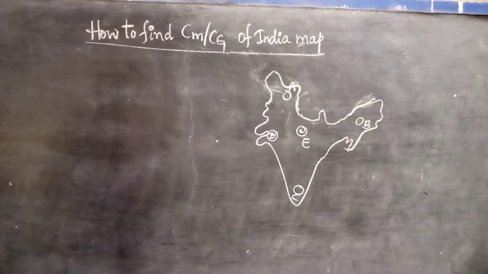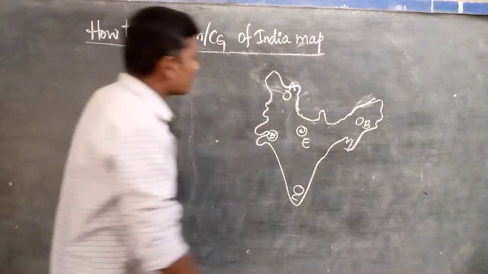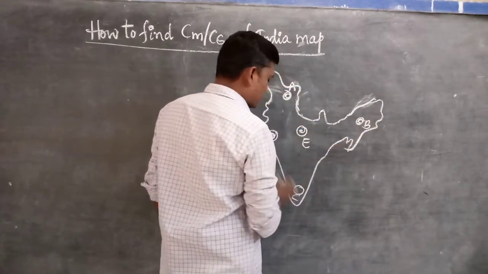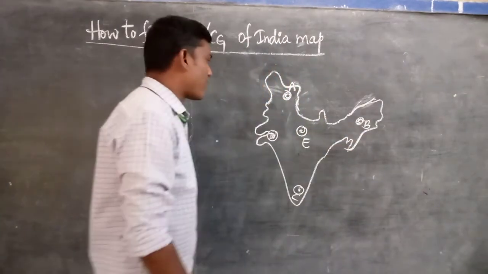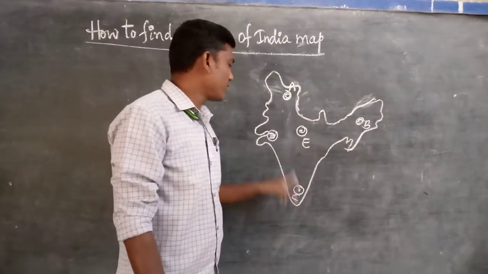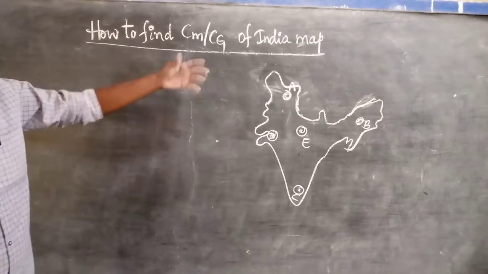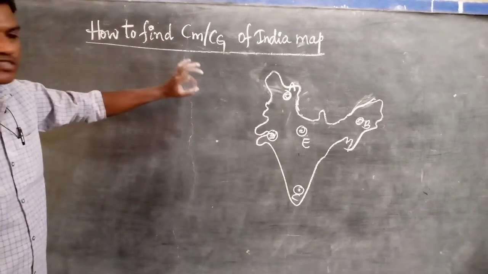Here I will make a total of 5 holes: 1, 2, 3, 4 and 5.